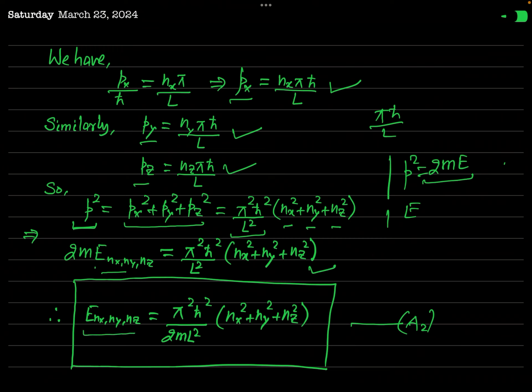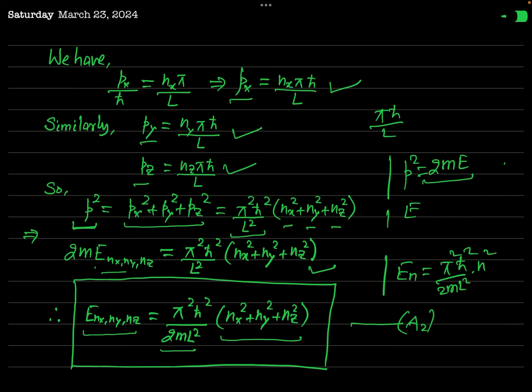And so, the energy eigenvalue when the quantum numbers are nx, ny and nz, written as E nx, ny, nz, will be equal to pi square h bar square over 2mL square times nx square plus ny square plus nz square. In the case of the one-dimensional box, you have seen the expression was pi square h bar square over 2mL square times n square.